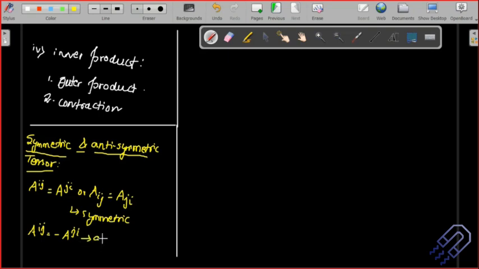So this is anti-symmetric. And yesterday I think I gave you one more example. I can also have something like A_{PQRST}. If I interchange the position of two indices at a time, I can write it as minus A_{PRQST}. So these are all examples of symmetric and antisymmetric tensors.